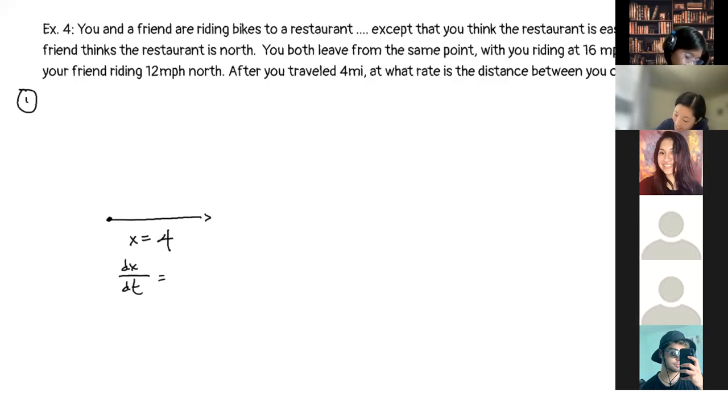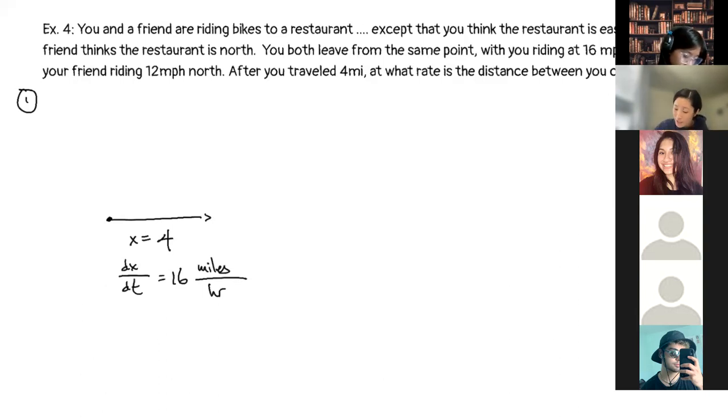Yes, 16, exactly. Even though we say mph and we mean miles per hour, it's really the same thing as saying miles over hour. That's what mph means. And so again, those units are very, very useful.